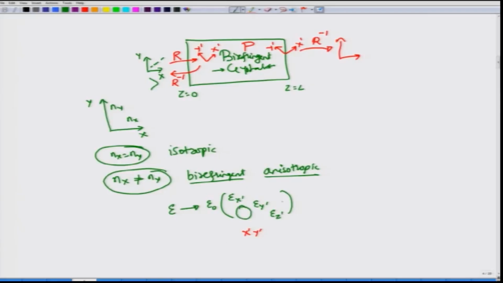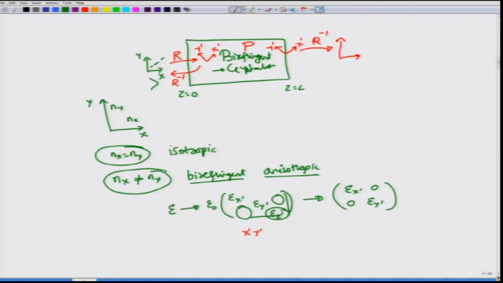This is 0, this is 0, which means this is a diagonal matrix with x prime and y prime being different, and z prime really is not of our concern. So, we do not worry about this one, but the other two terms are 0. You are essentially looking at epsilon x prime, 0, 0, epsilon y prime as a sub-matrix, because the wave is propagating along z, and therefore I do not need to know this row and that row.